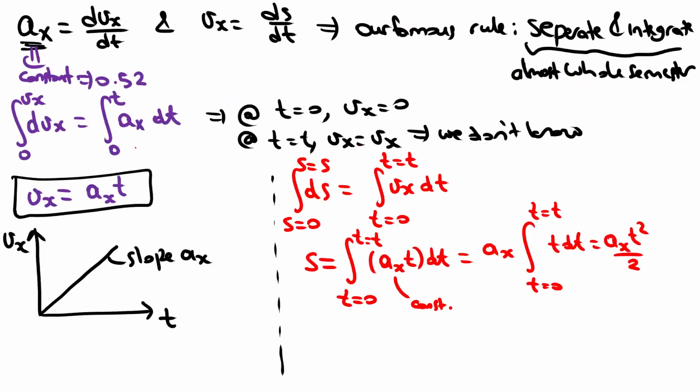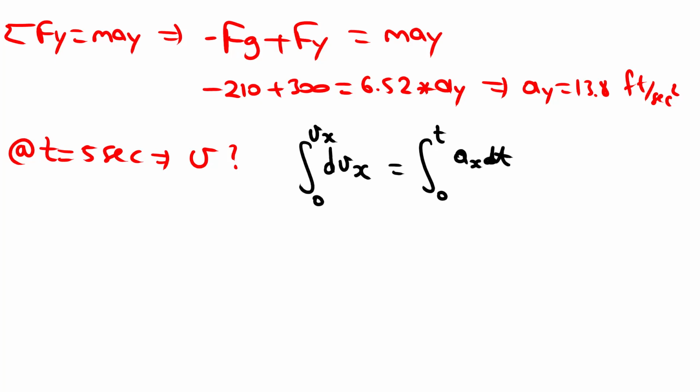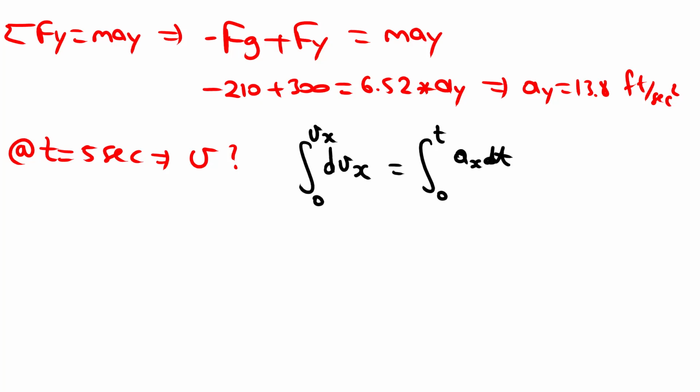I will not write this equation again and again, but it is a very simple equation that you will almost always use. So dv in the x direction from 0 to v_x will be equal to the integral from 0 to t of a_x dt. At time 0 the velocity is 0, and at time t the velocity is v. So this is exactly the same equation, and v_x is equal to a_x times t.